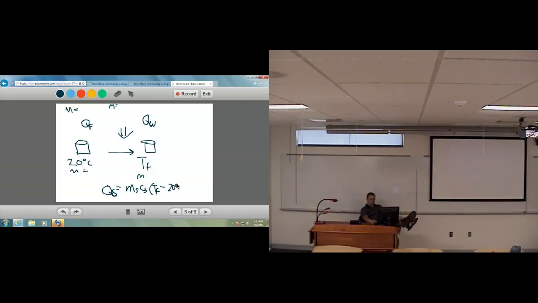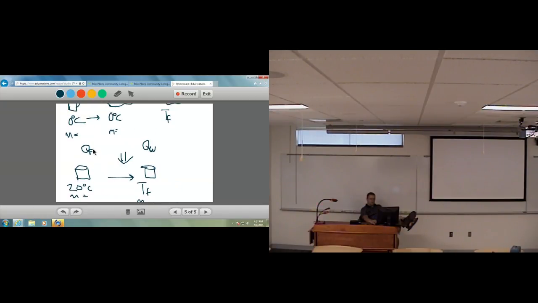And up here I would do the same thing for the latent heat of fusion. I would do the mass of the ice times latent heat of fusion of the ice. And then over here, mass of the ice is going to be the same, so I'll just write mass of ice times C water times delta T, which is going to be T final minus 0, which is the initial.